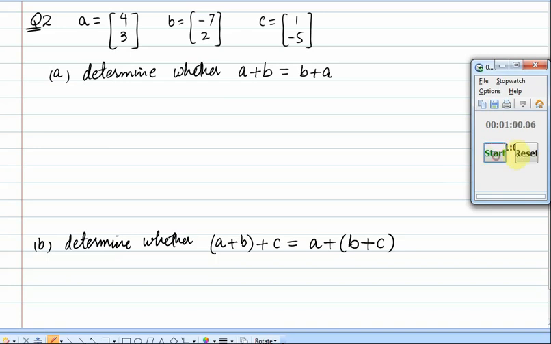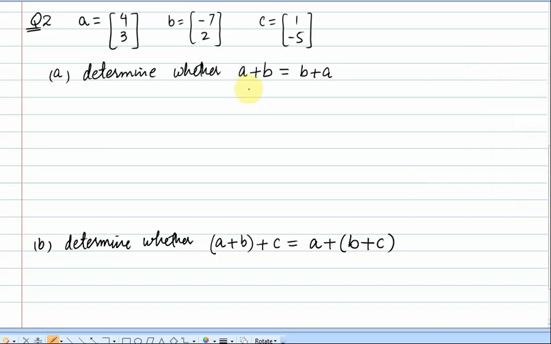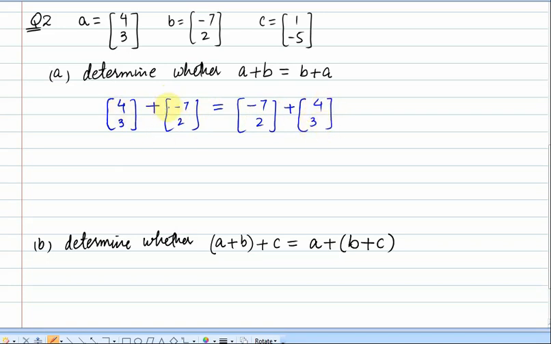Alright class. First I will write the vectors. It says A plus B, so A is (4, 3) and B is (-7, 2). A plus B equals B plus A. On the left side, 4 minus 7, it's minus 3, and 3 plus 2, it's 5.